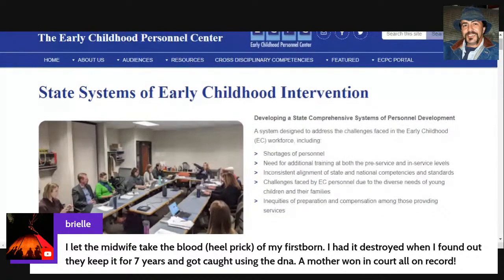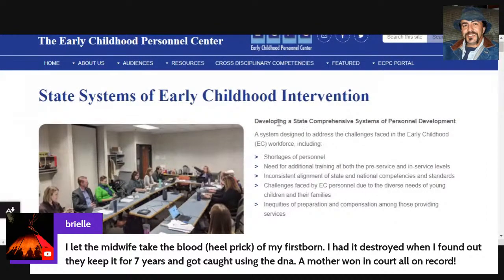So I look into it and I find the state systems of early childhood intervention, developing a state comprehensive system of personnel development. And I'll be damned if these children aren't being trained to be personnel, just as it says. A system designed to address the challenges faced in the early childhood workforce.